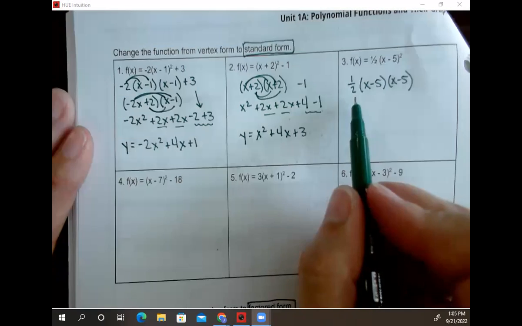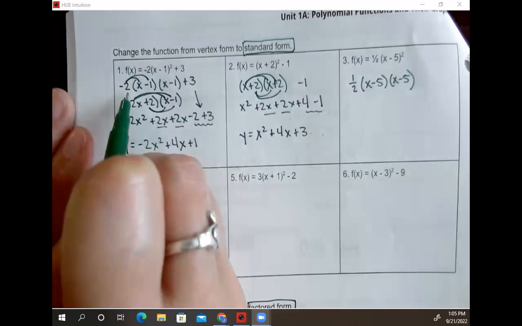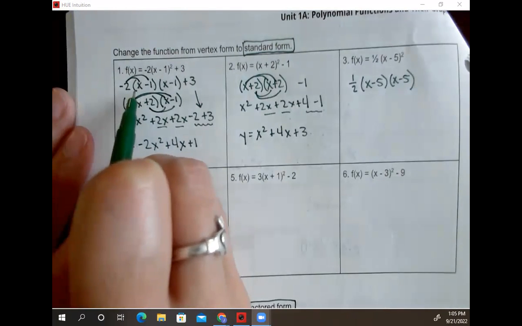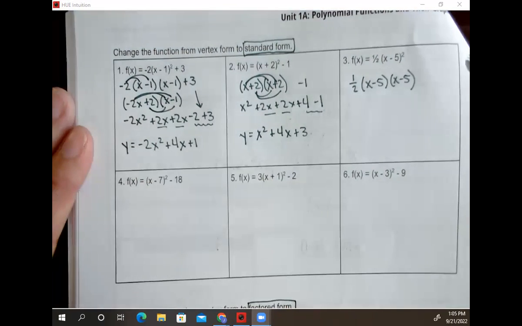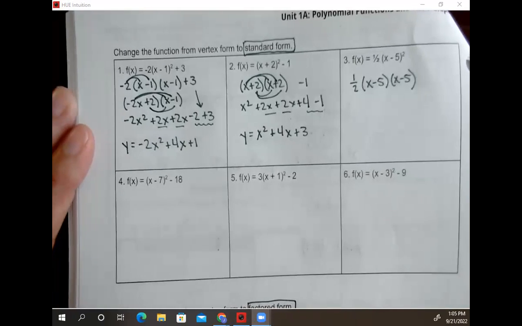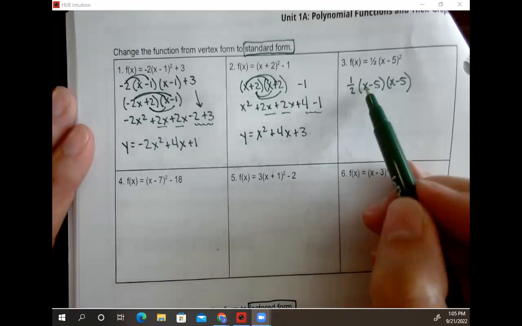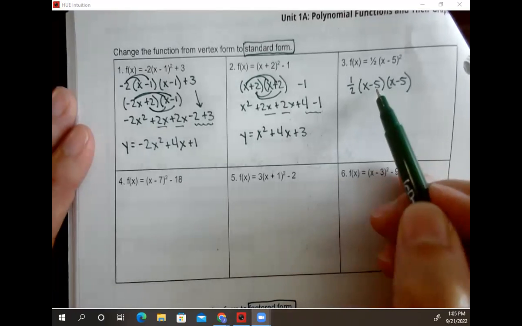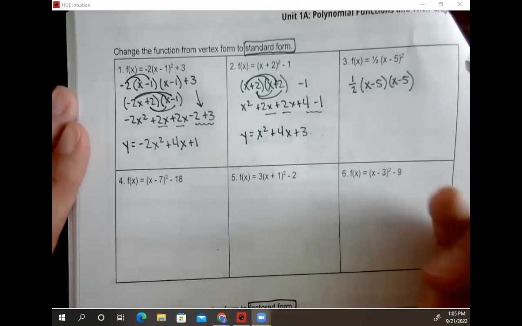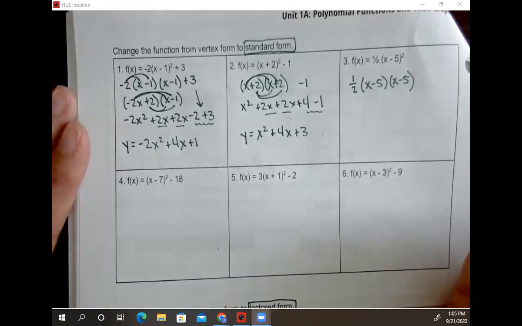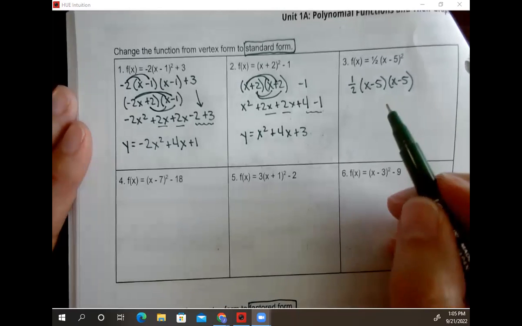Now, the last problem that was similar to this, back at number 1, I went ahead and just multiplied the first 2 terms and then multiplied by the third term. However, this time, our lead coefficient is a fraction. And if I were to distribute this in, I would get a half x minus 5 over 2. Okay? And that's fine. But keep in mind that I wouldn't be done at that point.